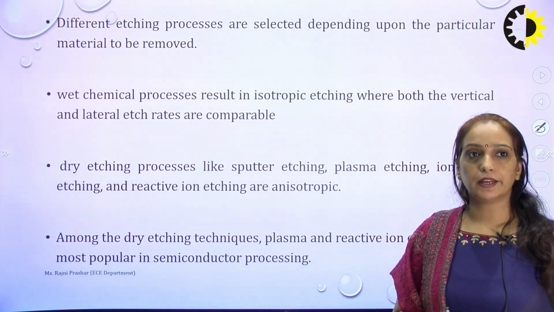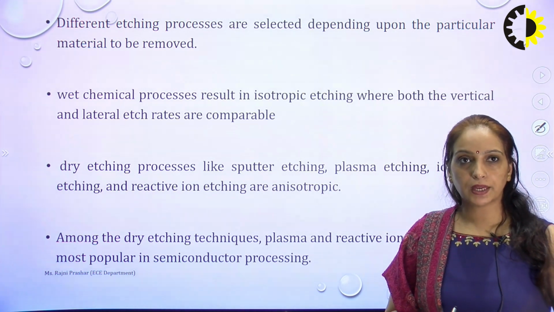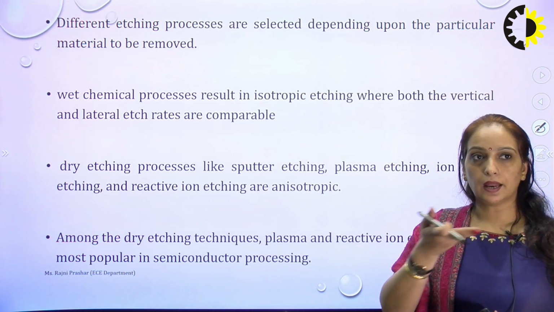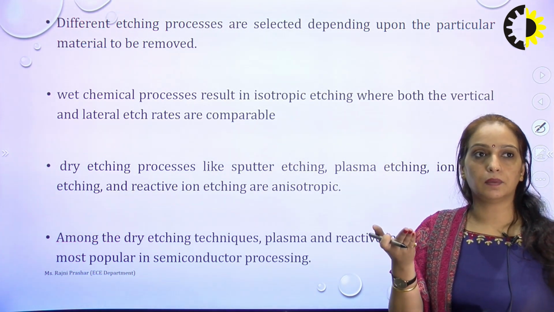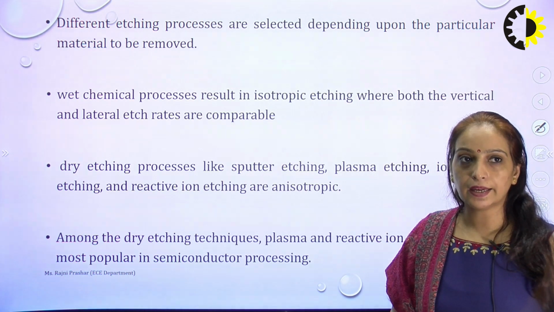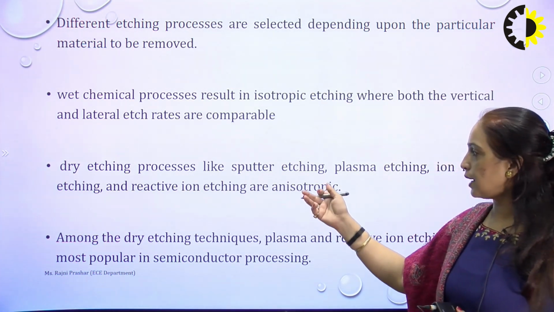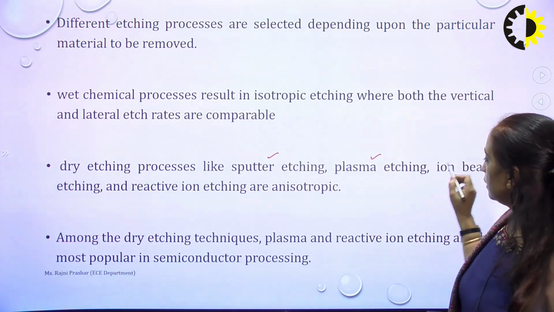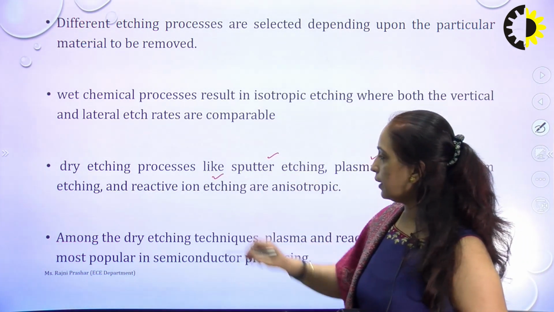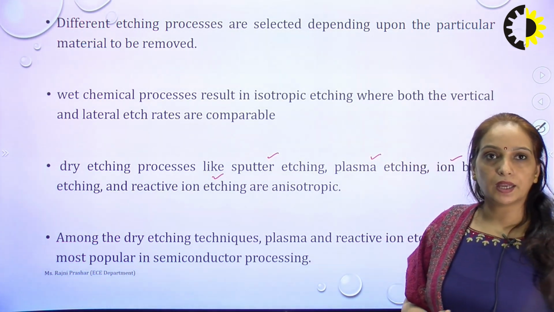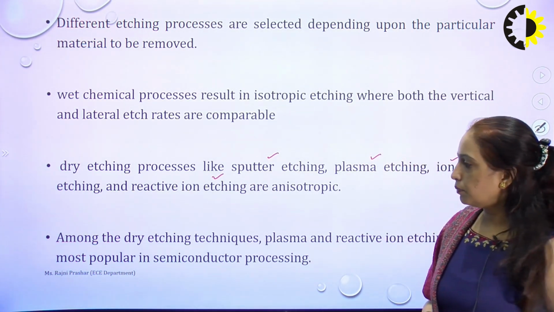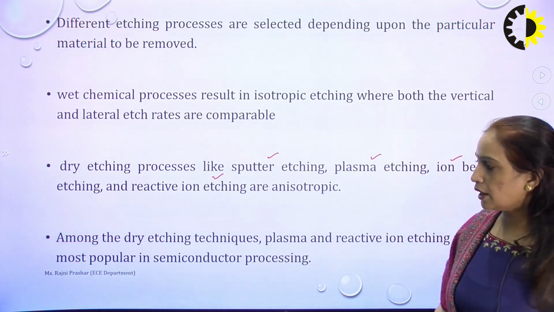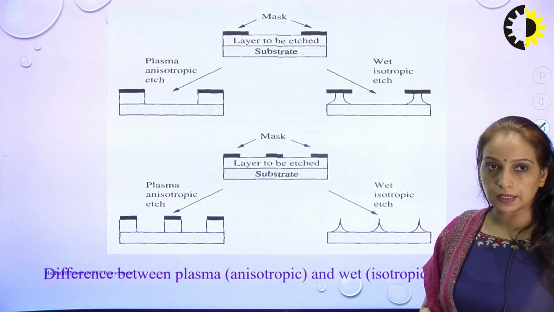Wet chemical etch processes result in isotropic etching, where both vertical and lateral etch rates are comparable, whereas dry etching processes, examples of which are sputter etching, plasma etching, ion beam etching, and reactive ion etching, are examples of anisotropic etching. Among the dry etching techniques, plasma and reactive ion etching are the most popular semiconductor techniques.